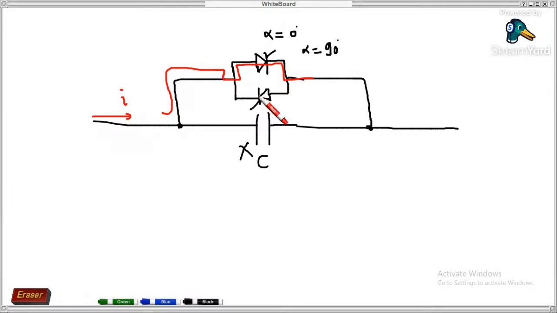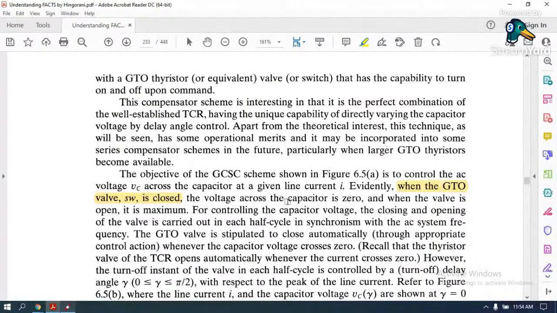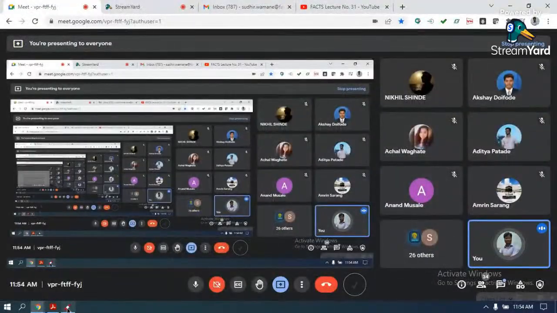Means what? It is bypassing the capacitors, right? The voltage across the capacitor will always be zero, current is bypassing the capacitor. Now, the condition is important.